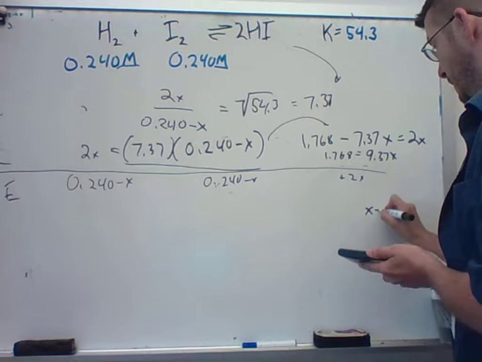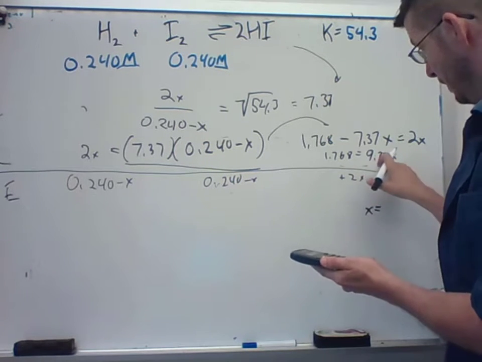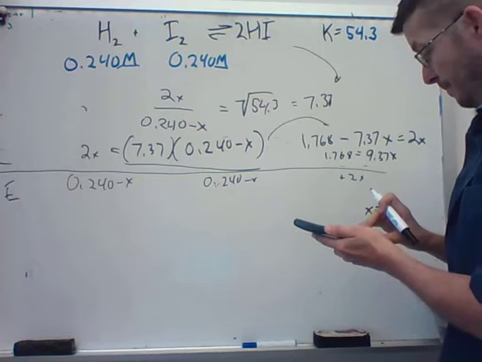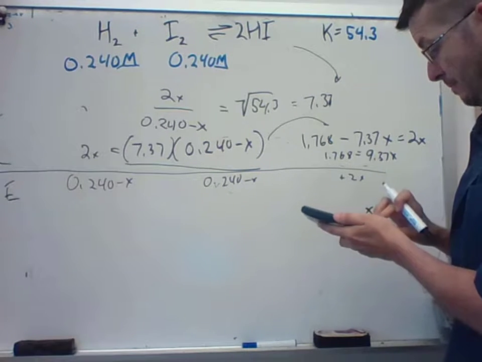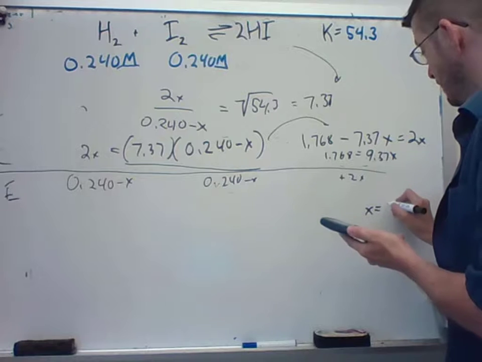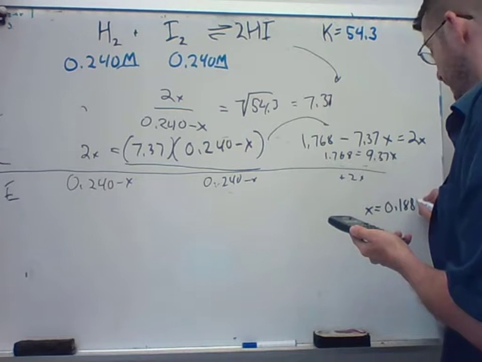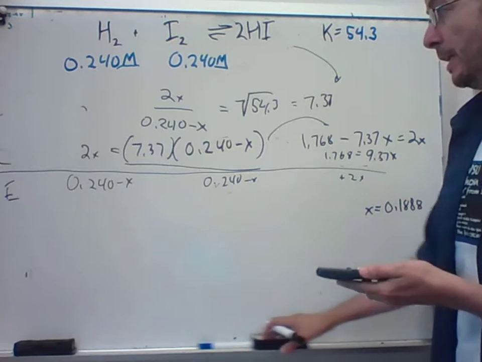Therefore, x will be equal to this 1.768 divided by 9.37. 0.188 will be equal to our x.